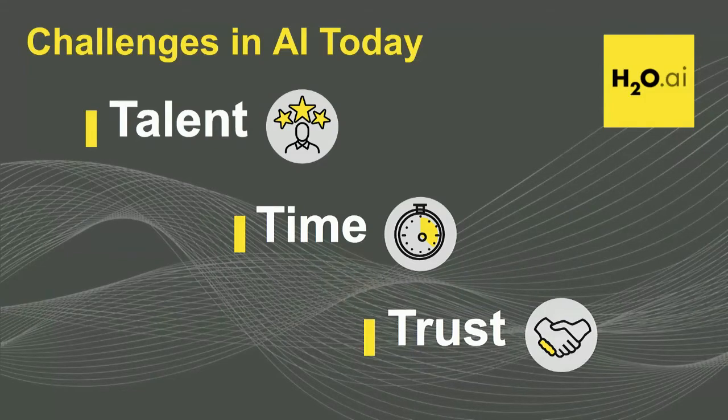And I really think to make AI successful, to leverage the decision capability of machines, we need to trust what these models are suggesting to us. It's not just about building these models quickly, it's about building models that we can trust, that we can explain, that we can communicate to other folks. So these three are the challenges: talent, time, and trust.